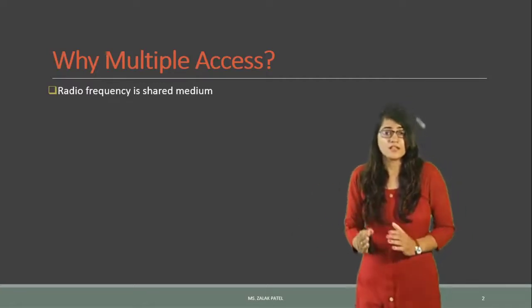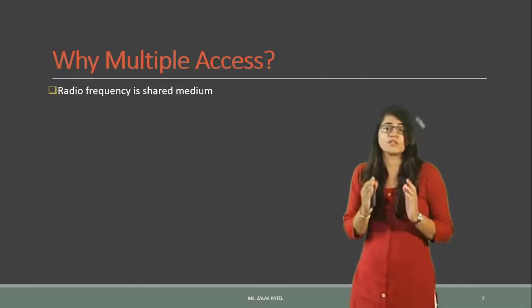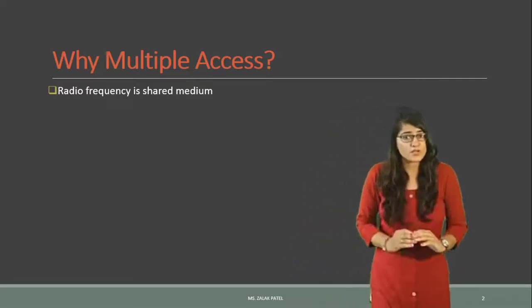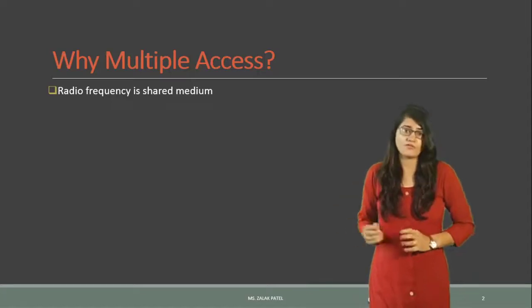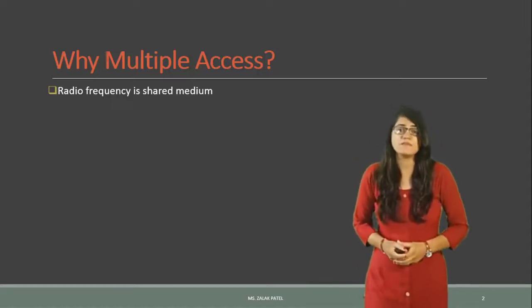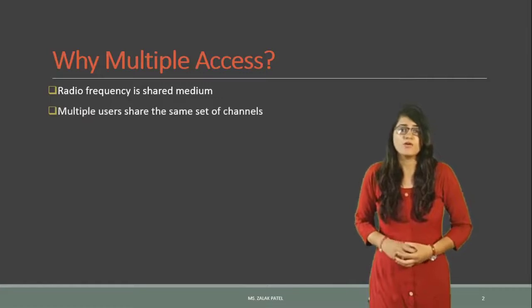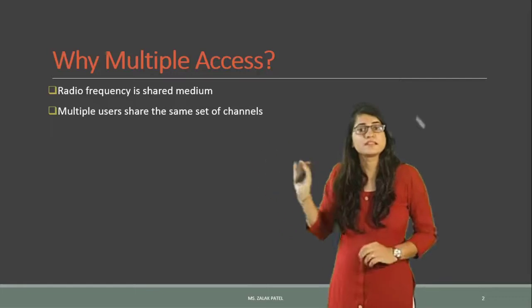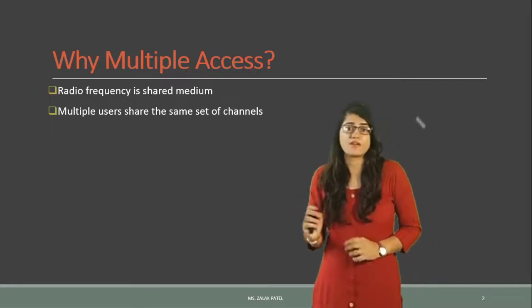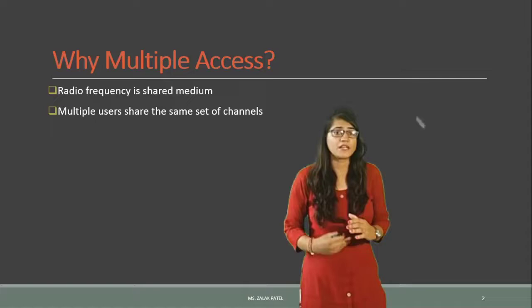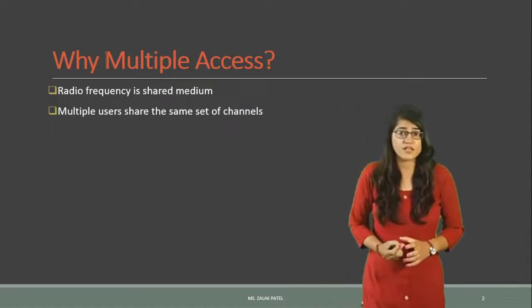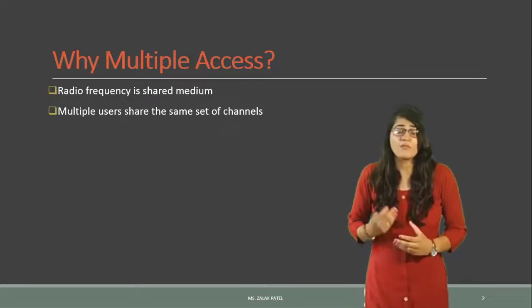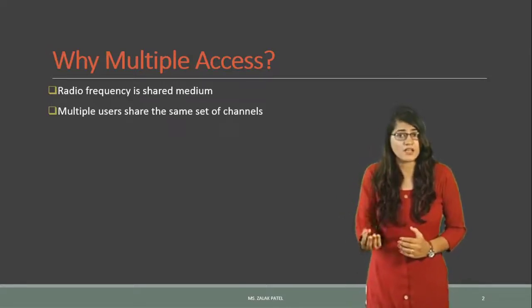Here we talk about multiple access or multiplexing, like the sharing of resources by many users, which is called a multiple access technique. In the multiple access technique, multiple users share the same set of channels, so the capacity of the whole system can be better than the earlier one.